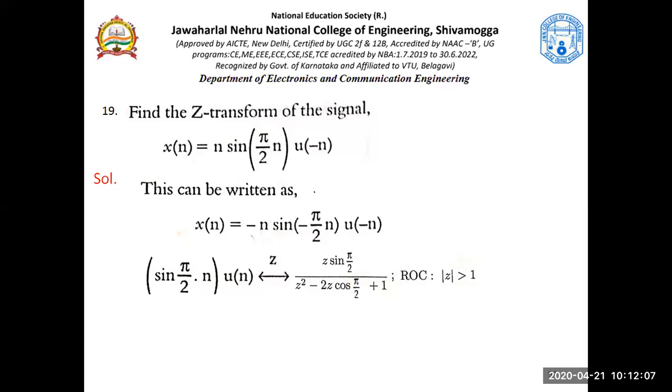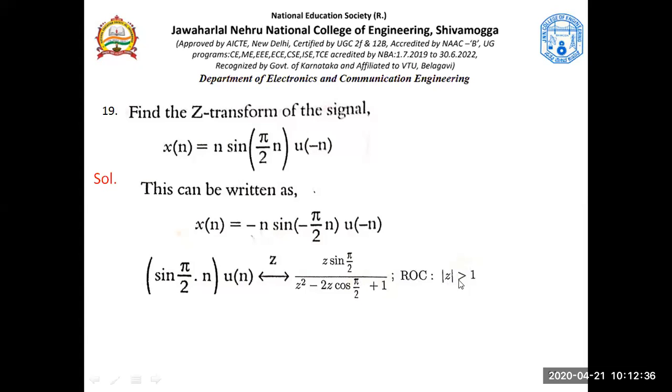For both sine omega naught n u of n and cos omega naught n u of n, the ROC is outside the circle with radius 1, because both are positive time sequences, since u of n is associated there. For a positive time sequence, it is outside the circle with radius 1.